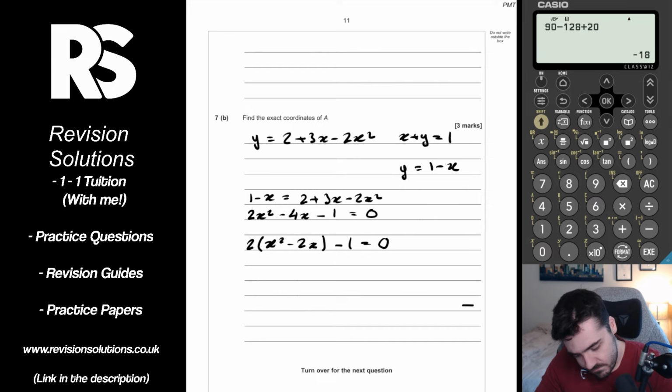Then completing the square for the bit in the bracket, we'd have 2 lots of x minus 1 all squared, minus another 1. Now simplifying that up, expanding it out, we'd have 2 lots of x minus 1 all squared, minus a 2 minus a 1, that gives us a minus 3.